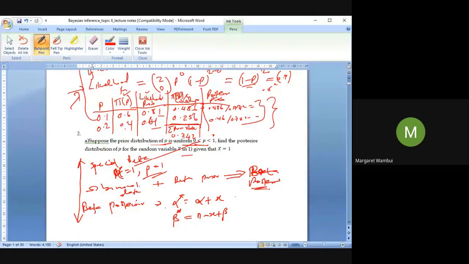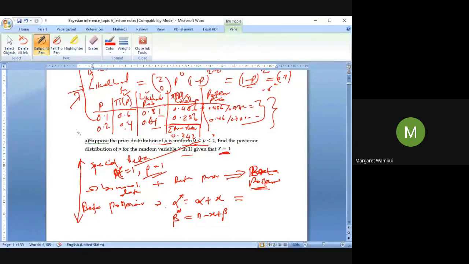So in our case here, the new parameter alpha will be given by, we know what x is. We are given, find the posterior distribution of P for the random variable x in question 1, given that x is equal to 1.